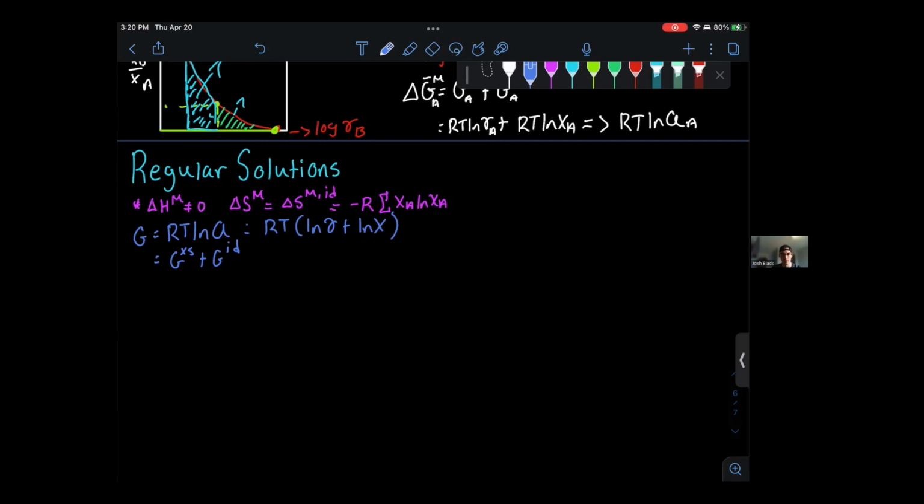Now, there's one important property that we're given as part of regular solutions. The ln of the activity coefficient of A is equal to an alpha term multiplied by xB squared, or the ln of the activity coefficient of B is equal to an alpha term times xA squared. Hopefully this isn't anything too confusing for you.